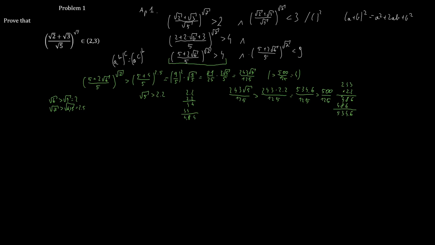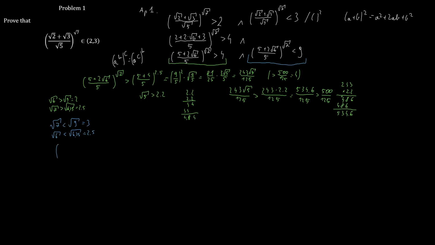We have a second inequality, this one, and this one is simpler, so let's solve that. We know that square root of 7 is less than square root of 9, which is 3, and square root of 6 is less than square root of 6.25, so it is less than 2.5.